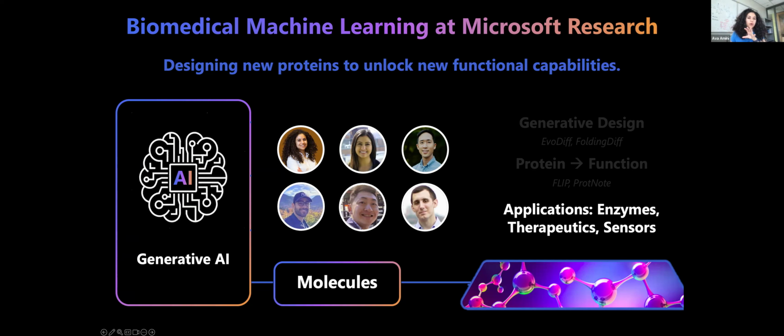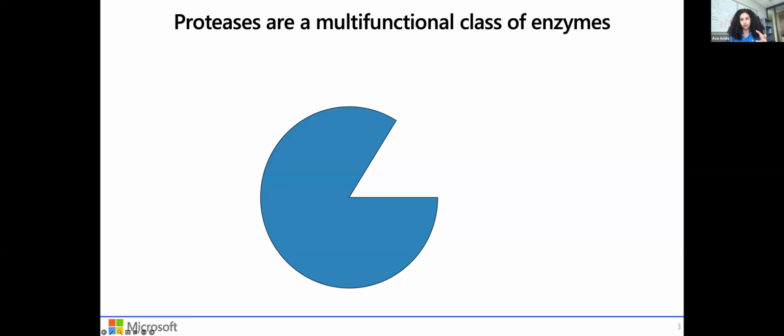And so in today's talk, we're going to dive deep into one such class of enzymes, which are proteases. Proteases are this incredible, highly multifunctional class of enzymes that play critical roles in both health and disease. And fundamentally, the catalytic activity of proteases is to cleave peptide bonds.